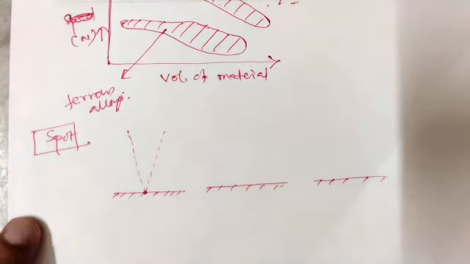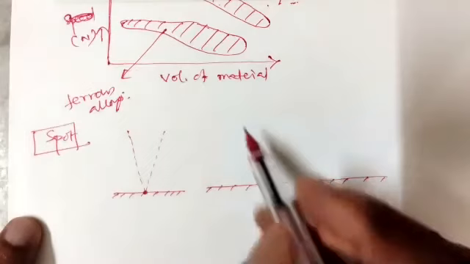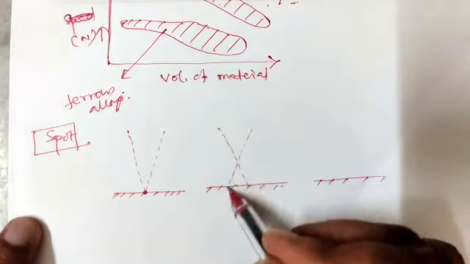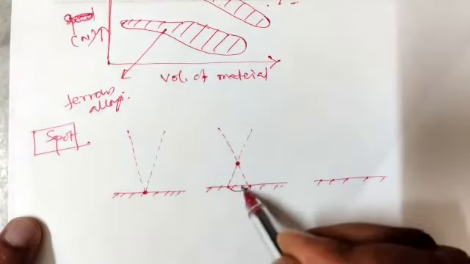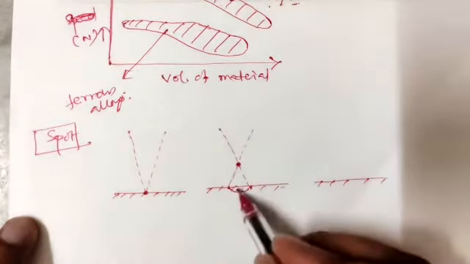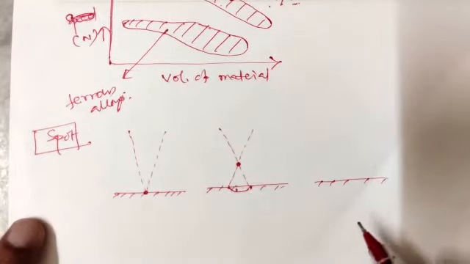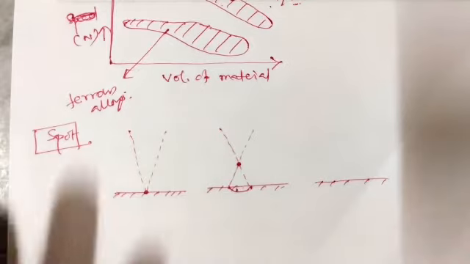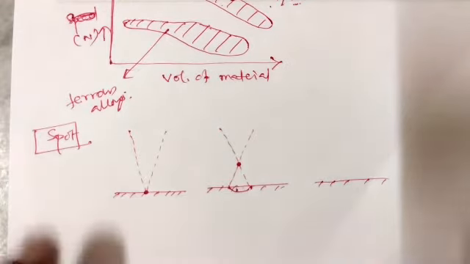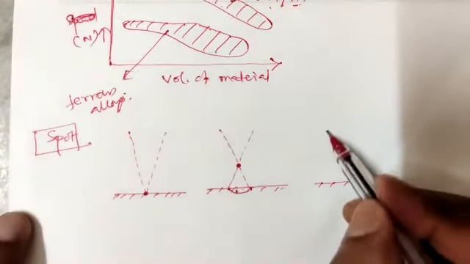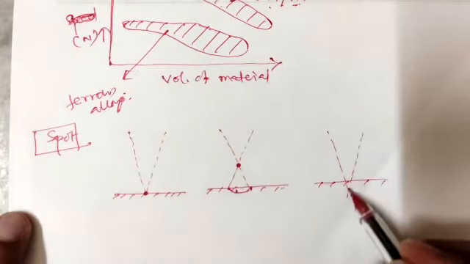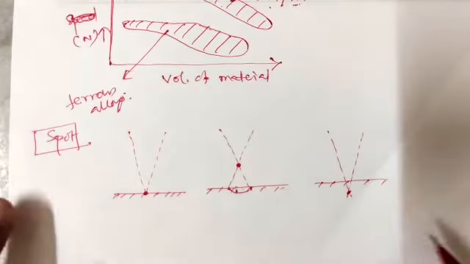So here only a crater will form. Another one is you can focus like this, so here it will be focused. Another one is you can focus somewhere here. This is the focusing point.